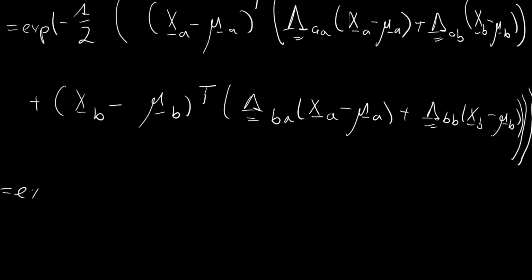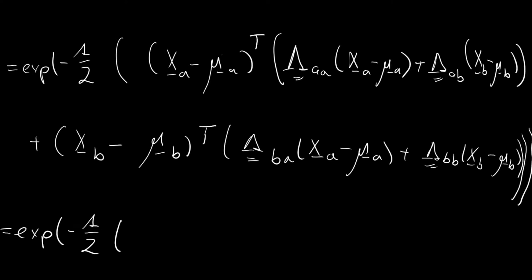So we have the exponential of minus 1/2 and then opening brackets. So first, let us do the multiplication of this term here. We would have this subtraction transpose this submatrix basically, and then multiply it with this one. So we will get an xa transpose lambda AA times xa. I hope this makes sense.